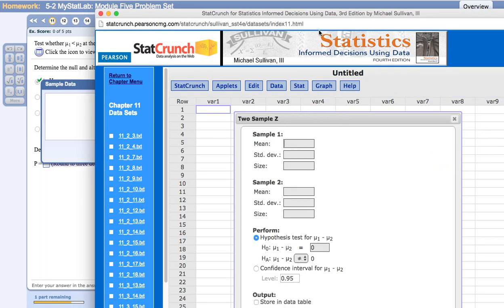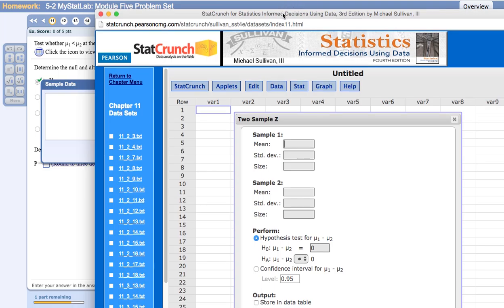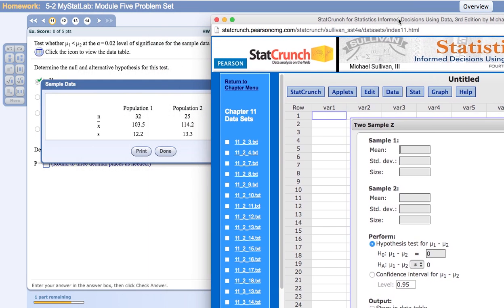Now we're just going to input the data from the sample data chart. For sample 1, the mean, the x bar number, is 103.5, and that's the sample mean. The sample standard deviation is 12.2, and the sample size, that's what n is, is 32.